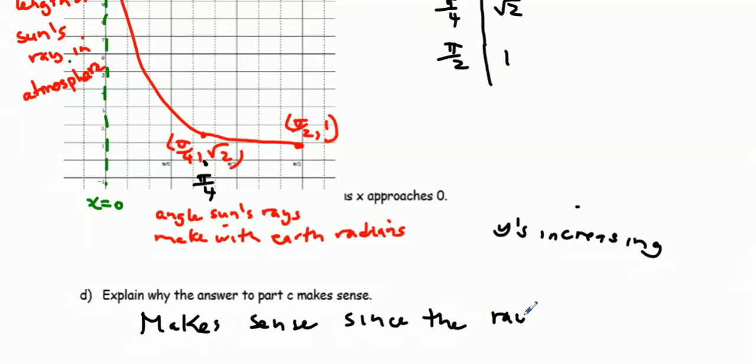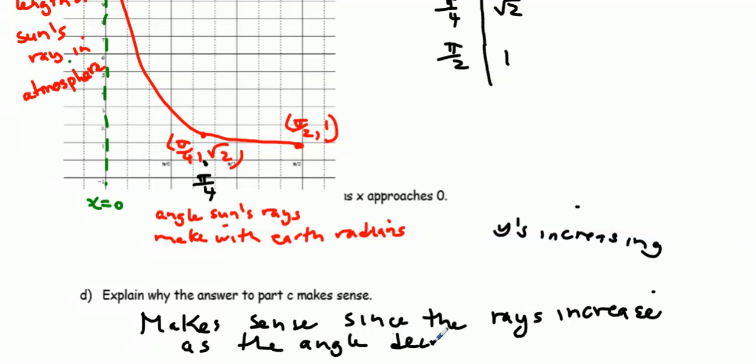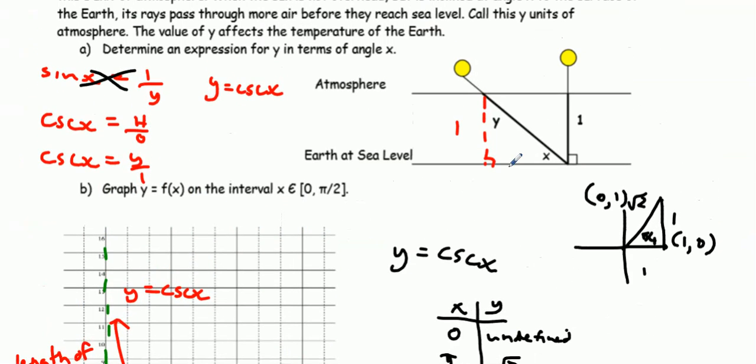The rays increase as the angle decreases. Okay, and so that's more of a visual here. You can see that if the angle here is getting smaller and smaller, the sun would have to be over here in order for that to happen, which of course would mean that your rays are getting longer and longer.